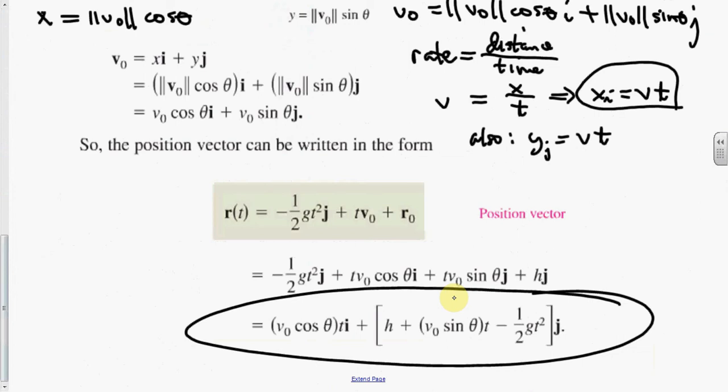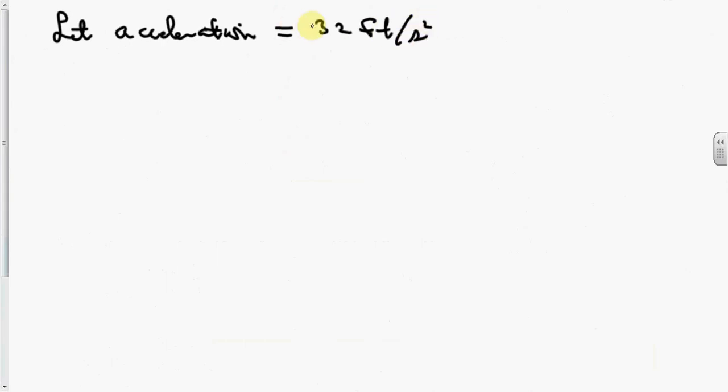So here's what we have. Let's see if we can add a page in there. And so we let the acceleration equal 32 feet per second squared.